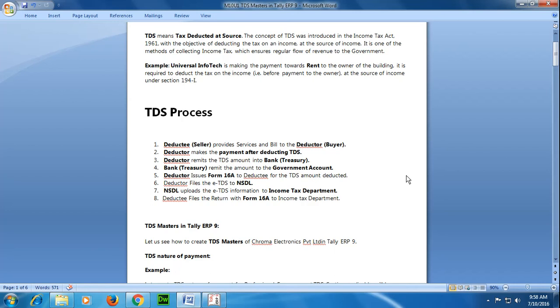A buyer would issue a form 16A, which is proof that they have deducted TDS, and the form 16A would be used by a seller, or you can say a deductee, while filing an income tax return at the end of the year.